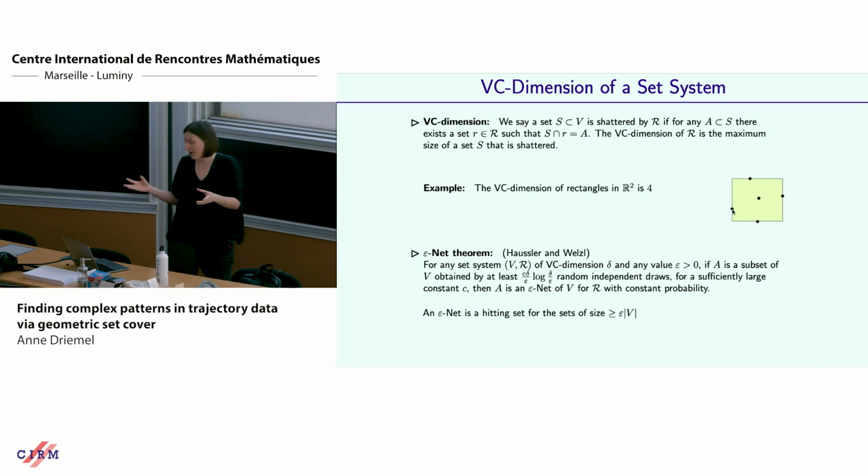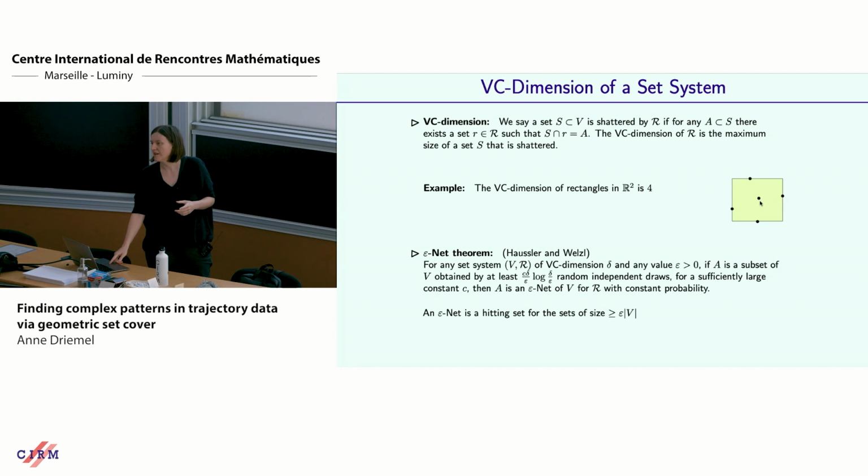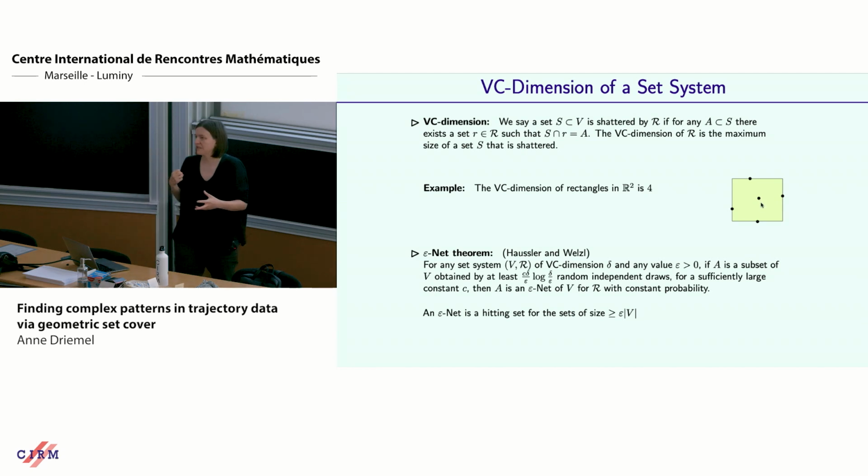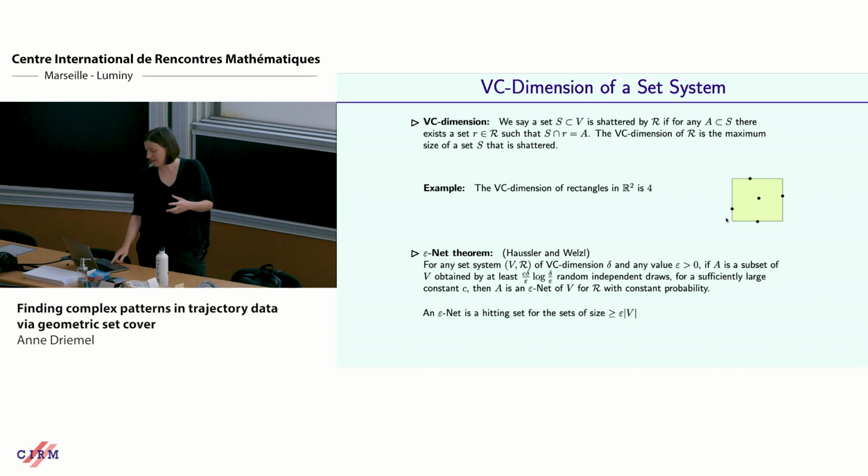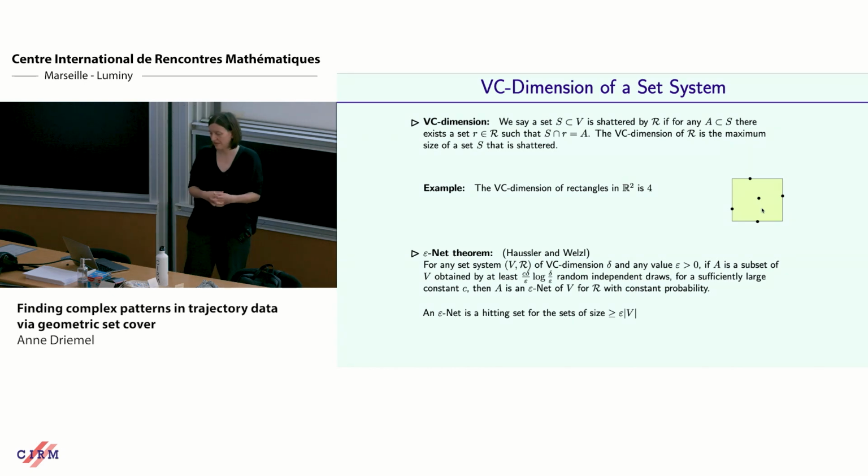But if you have 5 points, then there's always this point in the middle where you cannot exclude it from the set. So you cannot represent the set that has only those 4 points on the outside and not the point in the middle, if I want to represent it in this form as an intersection with a rectangle. So the VC dimension is definitely smaller or equal to 4, and for 4 points you can always do it in the plane.